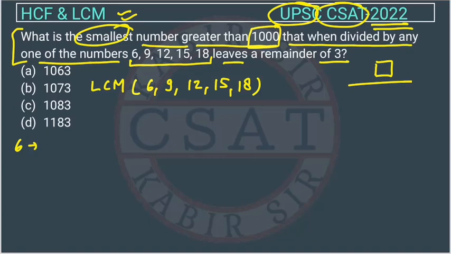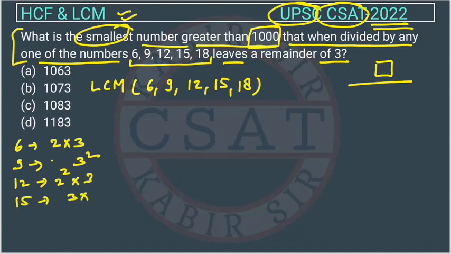The factors of 6 will be 2 into 3, of 9 will be 3 square, of 12 will be 2 square into 3, of 15 will be 3 into 5, and of 18 will be 2 into 3 square.